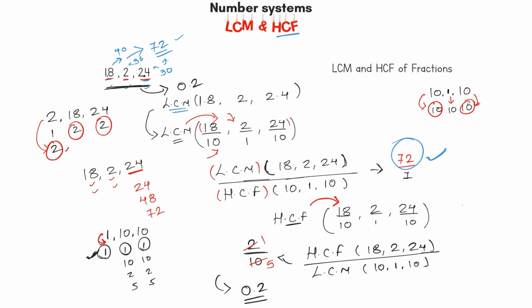So understand this basic rule: for the LCM of fractions, you take the LCM of numerator upon HCF of denominator. And for the HCF, you take the HCF of numerator upon LCM of denominator. It's a simple trick to remember to get the LCM and HCF of fractions.